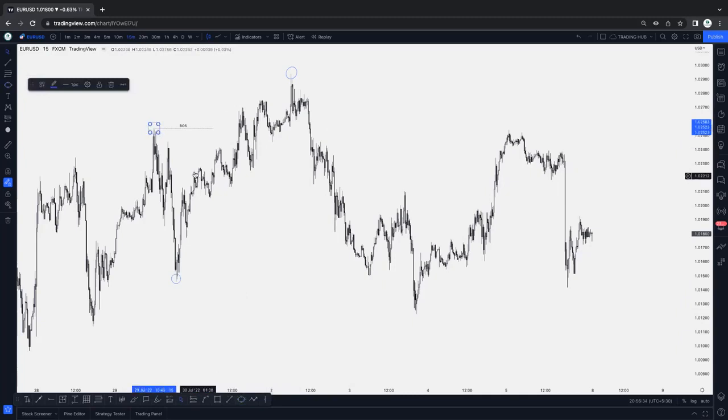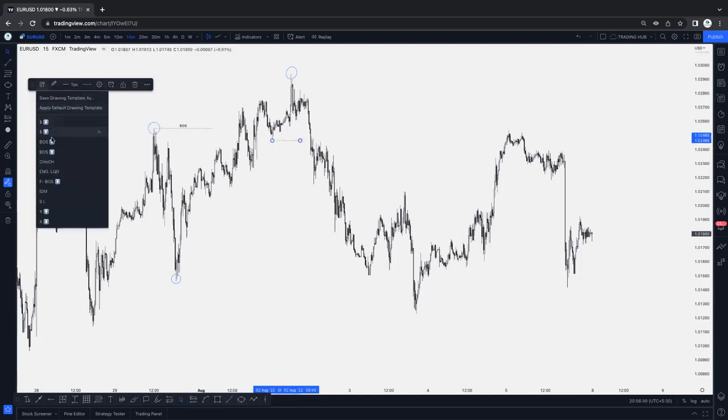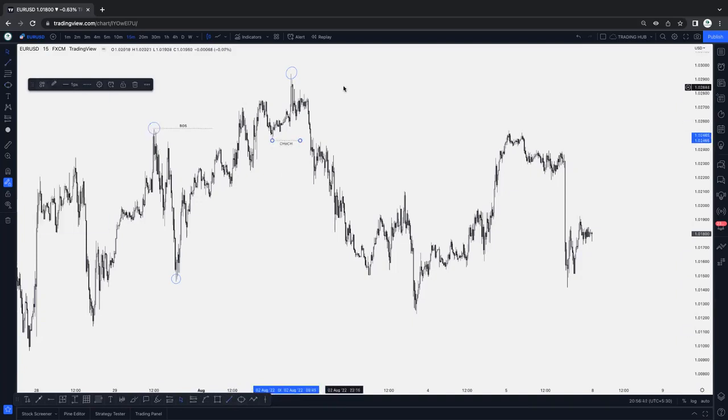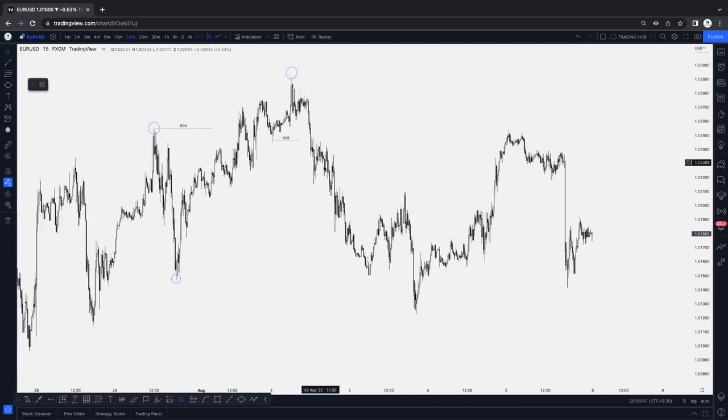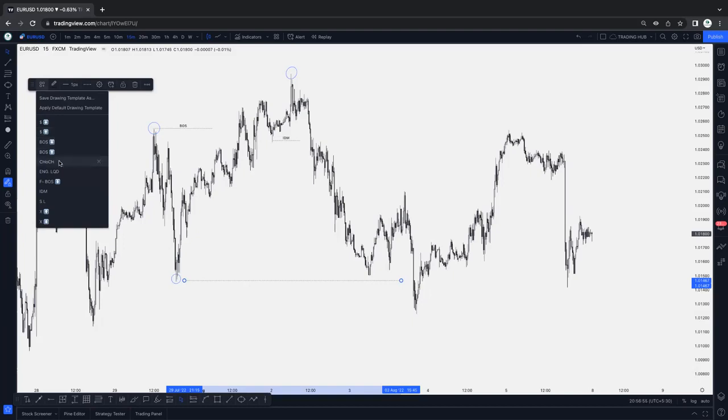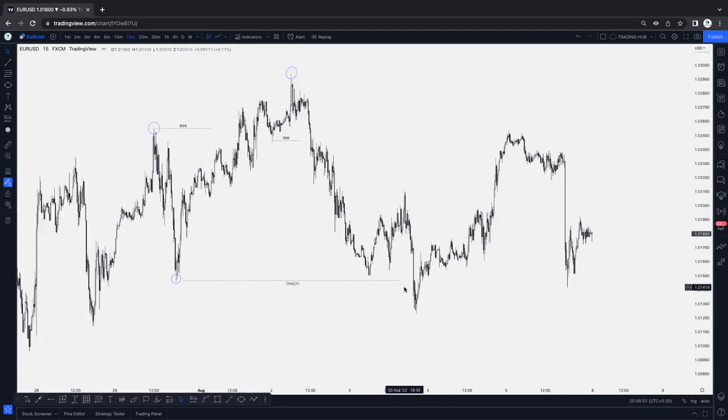Now you can see here, the BOS takes out the inducement here, so it means market momentum is bearish, and this becomes our CHoCH because the market was bullish and has now turned bearish.